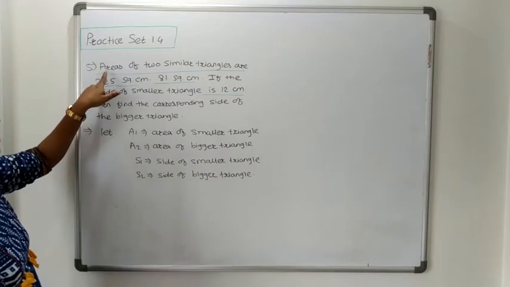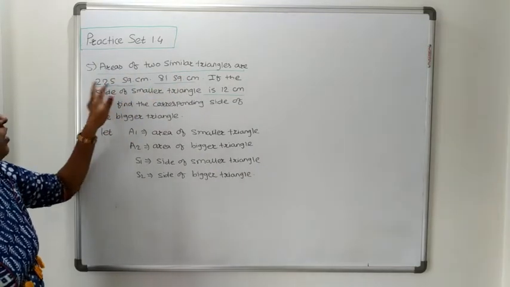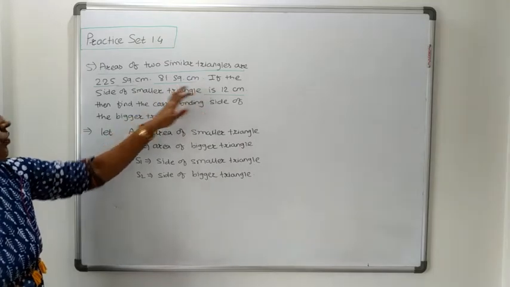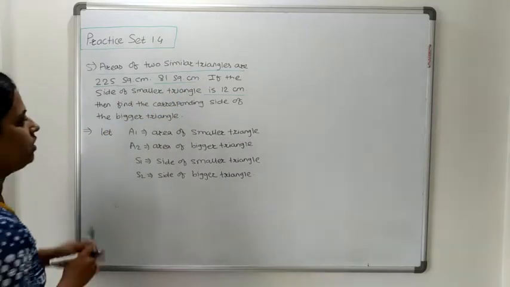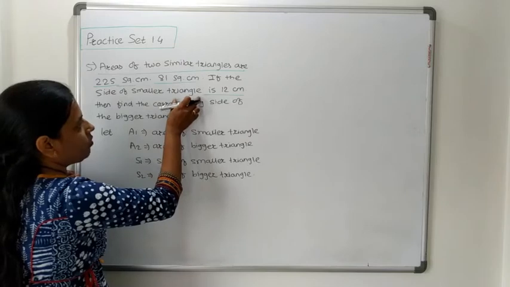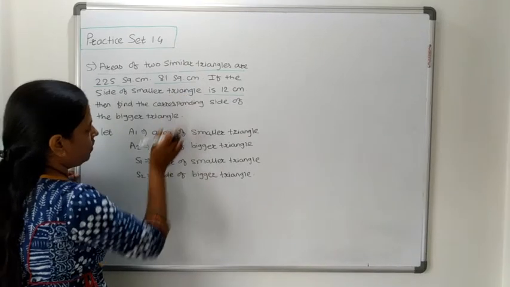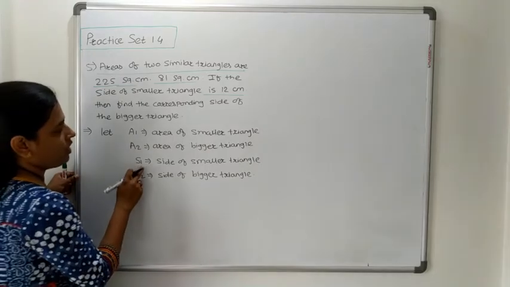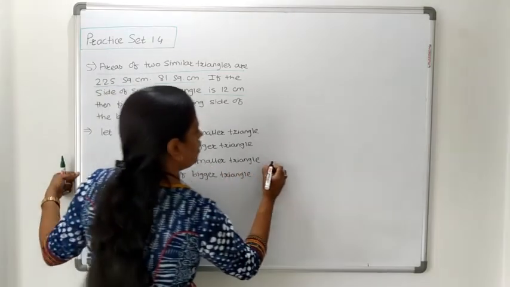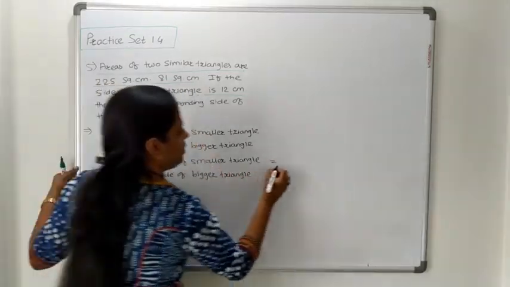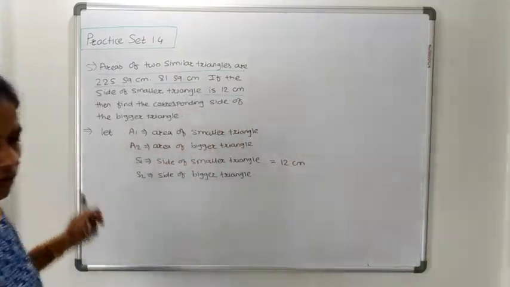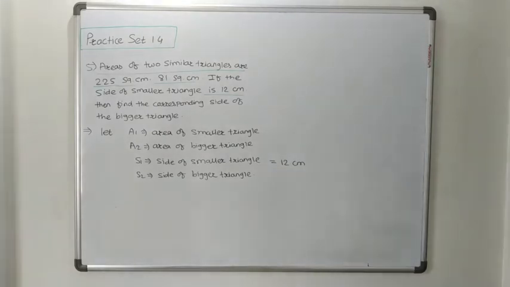In your question, what is given? The areas of two similar triangles are 225 square centimeter and 81 square centimeter. The side of the smaller triangle is given, so S1, the side of the smaller triangle, is equal to 12 centimeter.